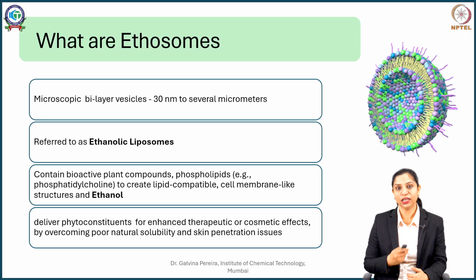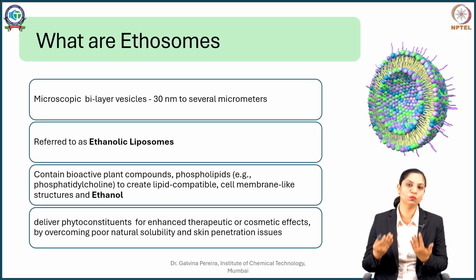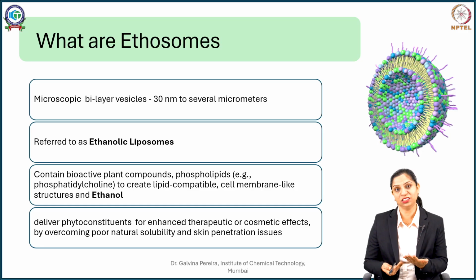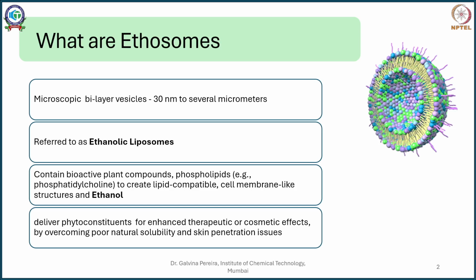Not only that, ethanol also enhances skin permeation. So this type of drug delivery system in the herbal scenario is mostly applied to transdermal drug delivery in cosmetics, but in some cases nowadays they are also consumed internally.